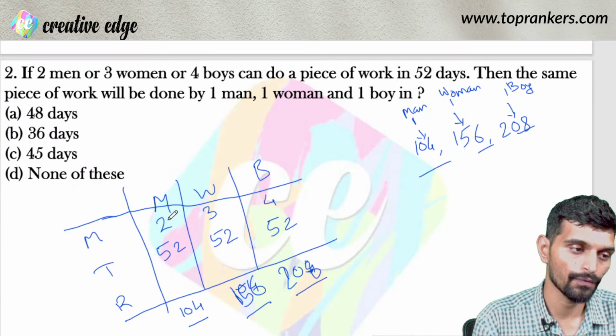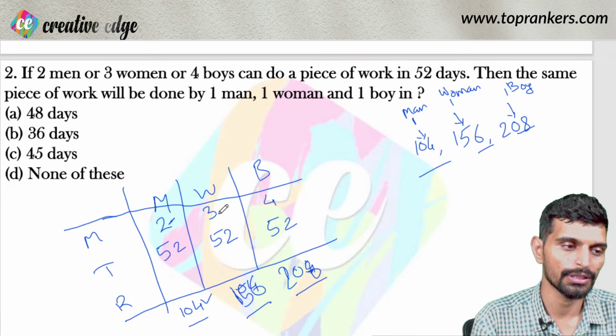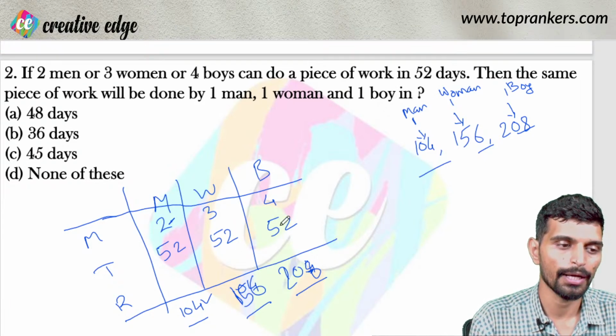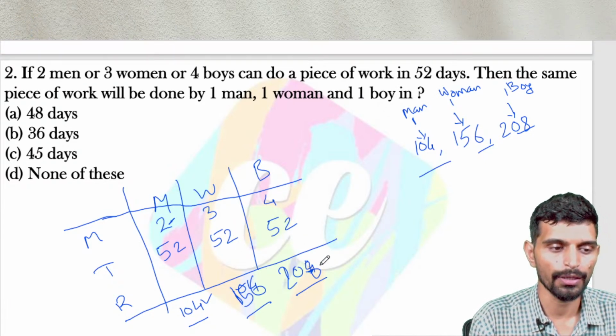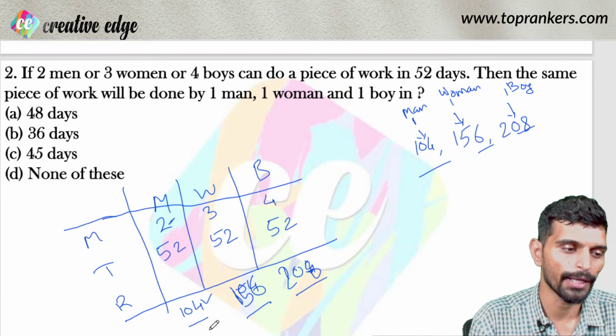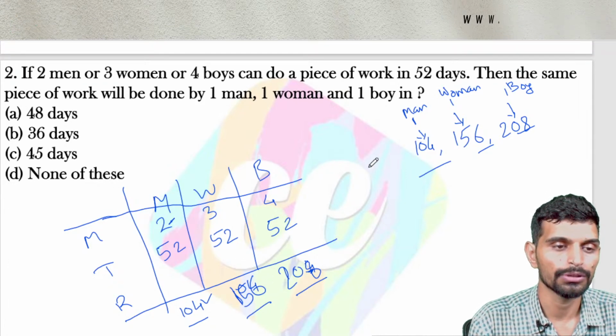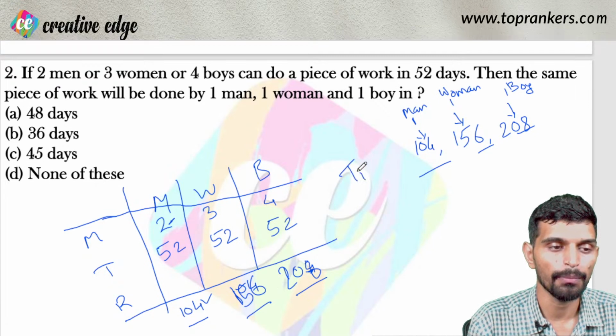Because there were two men, so total work done was 104 units. If three women working, total 156, and four boys working 208. So if there was only one man, he would have completed the entire work, that is 104. The one woman, that means 3 into 52, that is 156. So this is the time taken by one person.